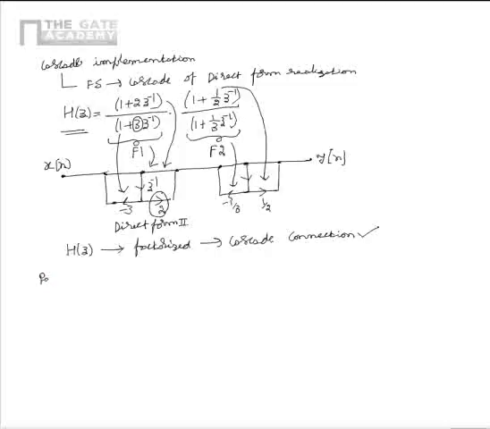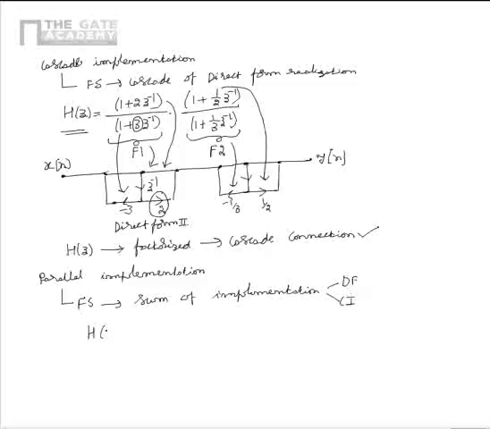Now let us look into another form of implementation, that is called parallel implementation. In this, the filter structure is realized as a sum of implementations, where each implementation can be a direct form implementation or a cascade implementation.